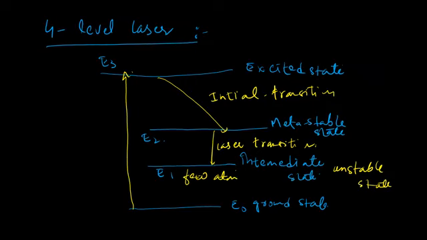Even with a moderate amount of pumping, we can populate the metastable state to a greater extent than the intermediate state, which is required for light amplification. The intermediate state is very unstable and rapidly decays into the ground state.